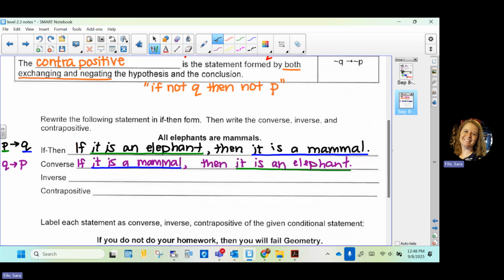So it's going to be, if it is not an elephant, then it is not a mammal.